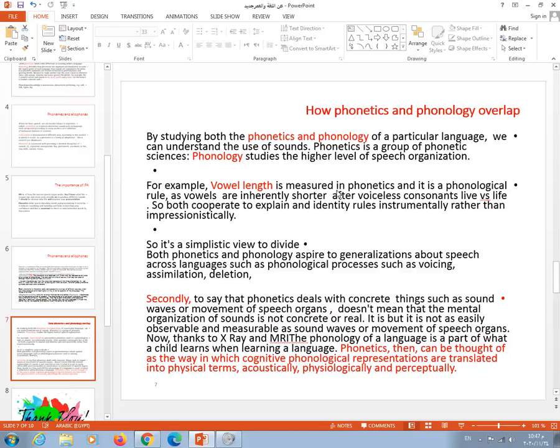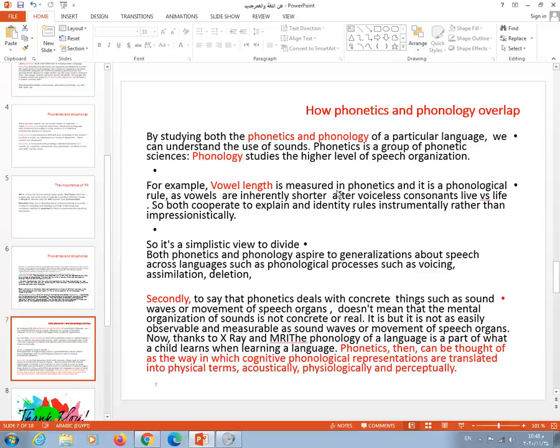The same applies to t. Let's look at the middle of the page. We have, for example, the sound t. When it comes at the beginning, just like k, it is aspirated. You say, for example, tan, and when it comes after s, it loses this aspiration, and you say spill. And when it comes at the end, it's sometimes preceded by a glottal stop, for example, that, and so on.